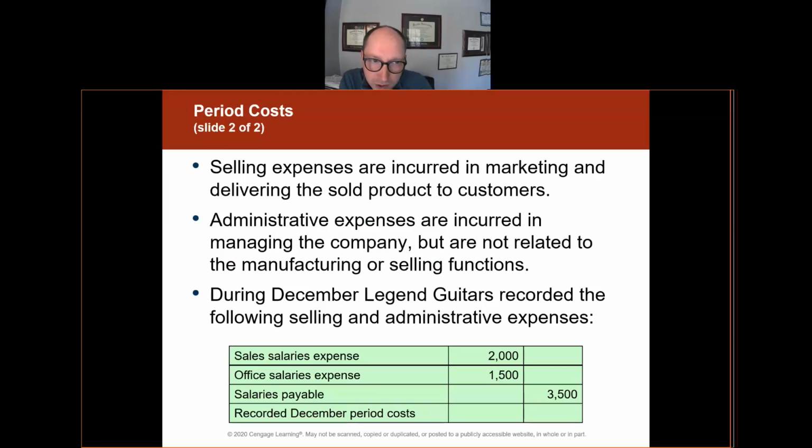Those are selling expenses. Administrative expenses include things like office supplies and manager's salaries, the administrative stuff. An example of that would be sales salaries, office salaries. So to put those onto your income statement, you debit sales salaries expense, you debit office salaries expense, credit salaries payable. That's increasing the expenses during the accounting period.